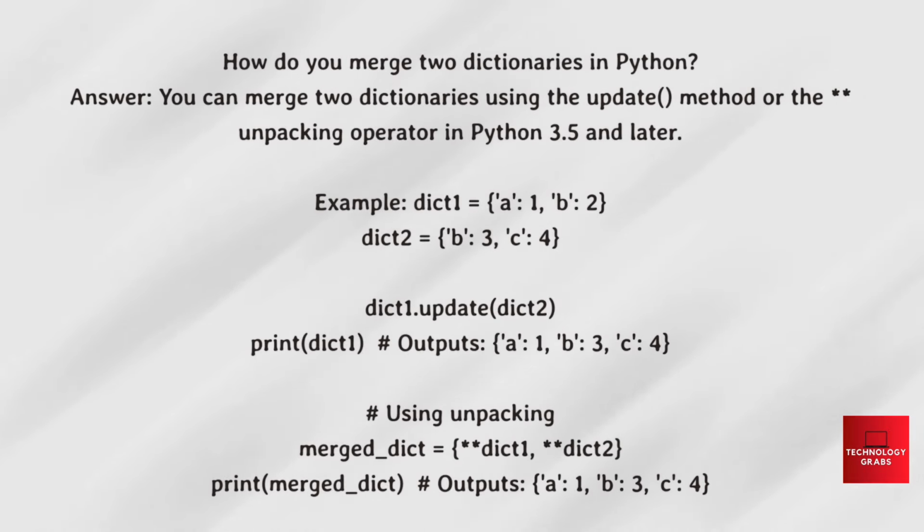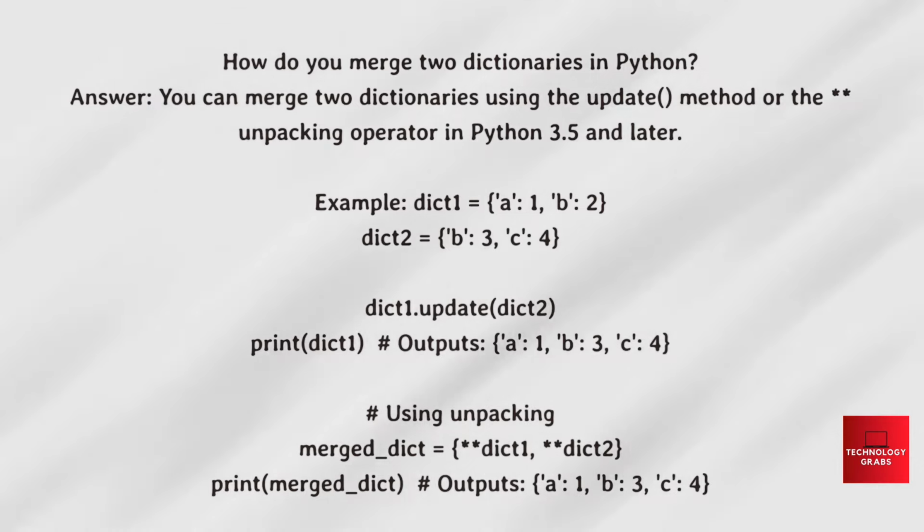How do you merge two dictionaries in Python? Answer: you can merge two dictionaries using the update method or the unpacking operator in Python 3.5 and later. Example: dict1 = {"a": 1, "b": 2}; dict2 = {"b": 3, "c": 4}; dict1.update(dict2); print(dict1) outputs {"a": 1, "b": 3, "c": 4}.